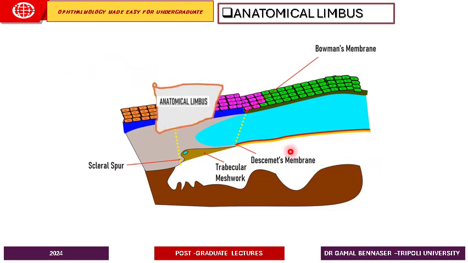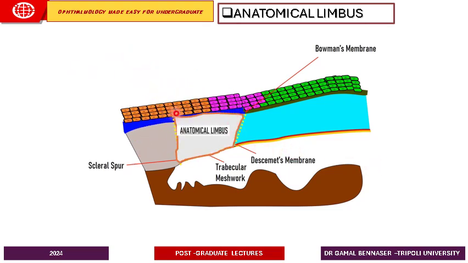So all this area is known as the anatomical limbus. It is very important to understand the exact boundary of this area, because in the next slides we'll speak about the surgical limbus and the difference between the anatomical and surgical limbus from a surgical point of view.